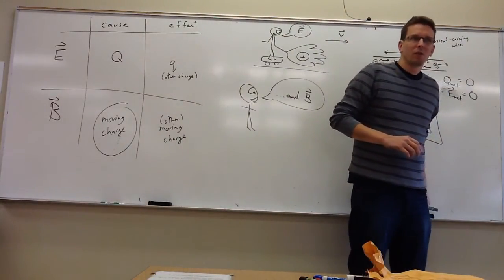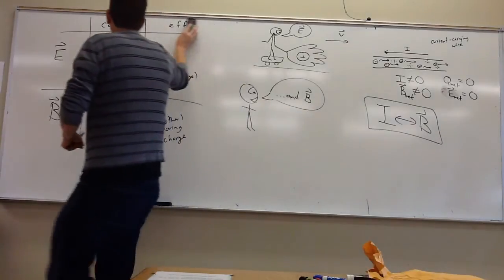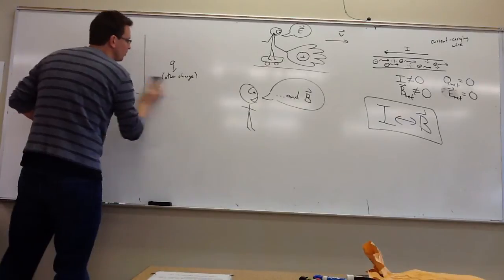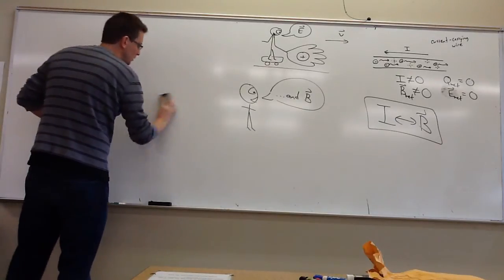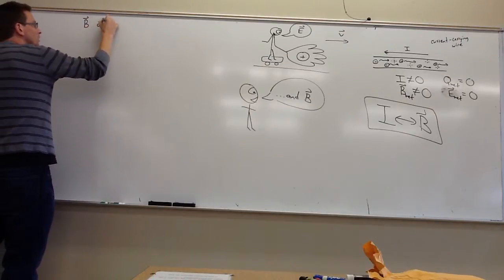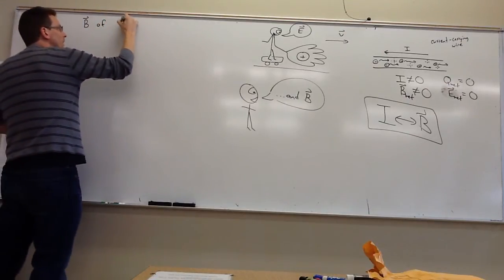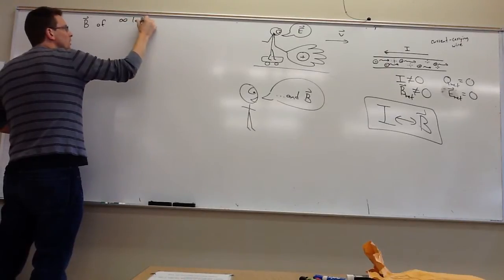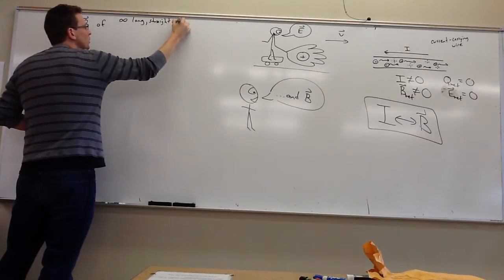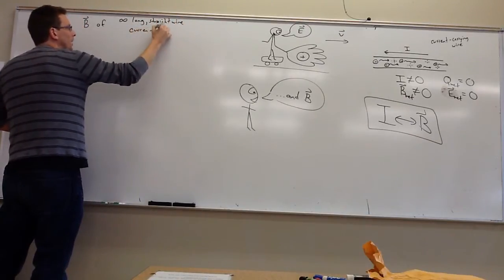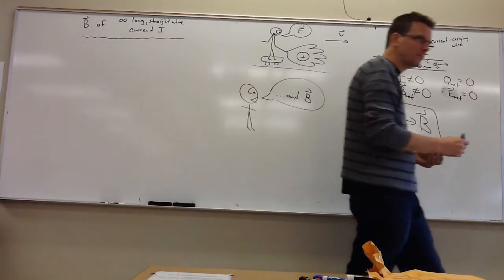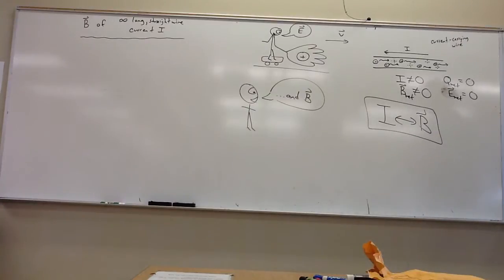Okay. So let's start with looking at our first current configuration. This is going to be the magnetic field of an infinitely long straight wire with a current I. Now, what does this mean?